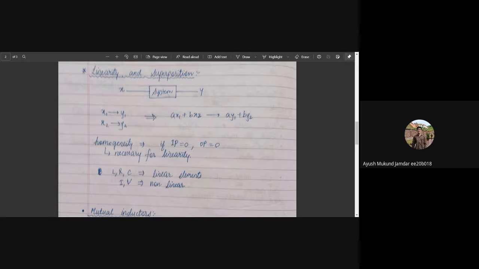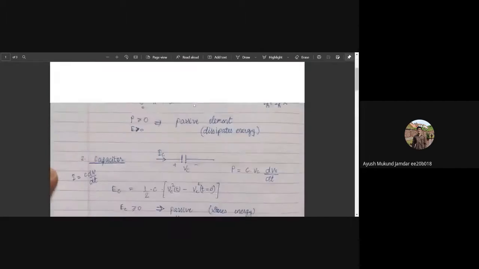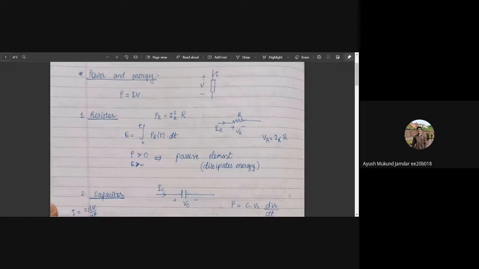So let's start understanding what passive sign convention is. Basically, in passive sign convention, we take the voltage drop along the direction of current through the circuit element.